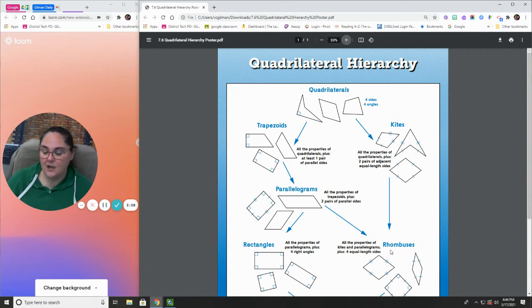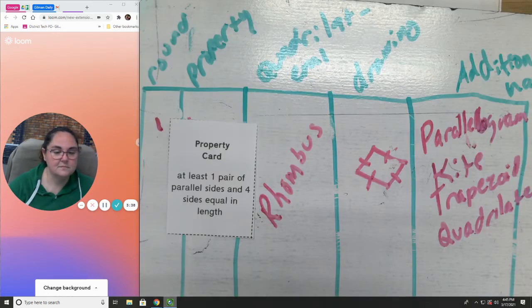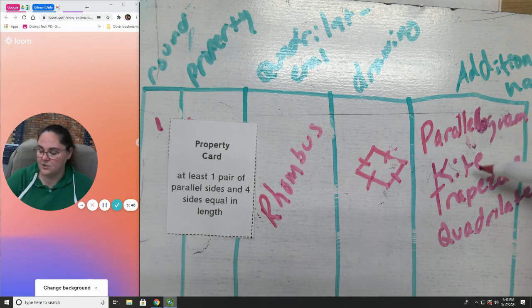So my rhombus could be a parallelogram, a kite, a trapezoid, and a quadrilateral. I'm going to write that on my form. 1, 2, 3, 4.